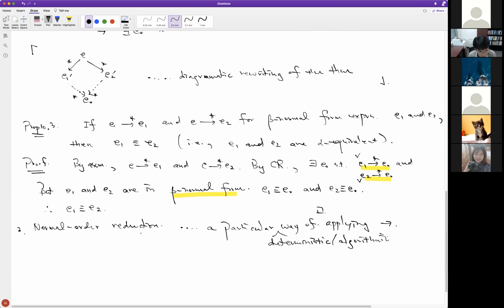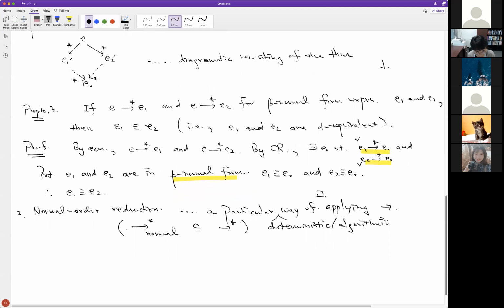This normal order reduction is a binary relation between expressions. I think it's written like this. That's going to be a subrelation, so only certain reductions are legitimate according to normal order reduction.